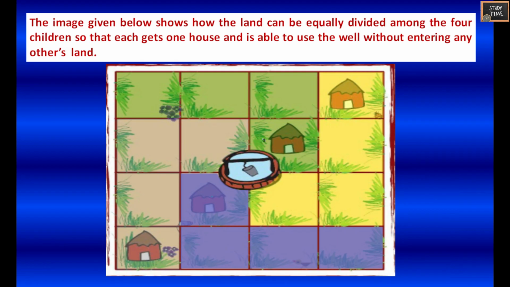This part is for 1 person, this part is for another, this part is for a third, and this is for the 4th child. If the field is divided like this, they can use the well without entering any other's land.